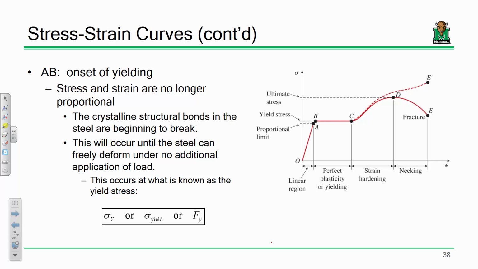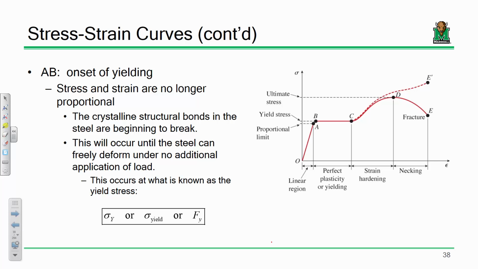It just freely deforms, right? That to me is the easiest way to explain what's going on with yielding. There's a point when you're starting to break those structural bonds in the metal and it just starts to freely deform. Now in metals, we have a name for that. It's called the yield stress. It's when the metal begins to yield and those bonds begin to break.